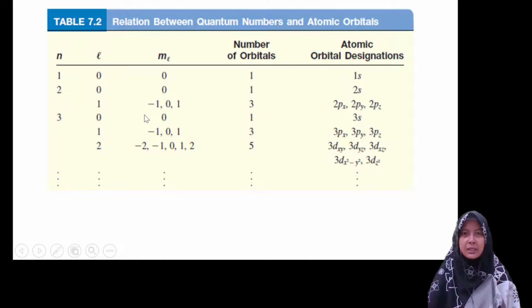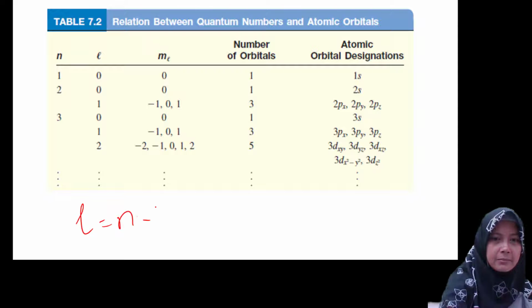Here is the relation between quantum numbers and atomic orbitals. In the first shell, the L value is only 0. Remember that L is n minus 1.